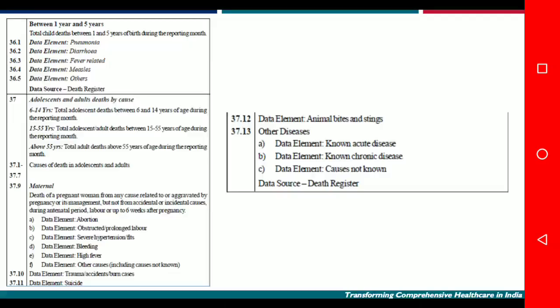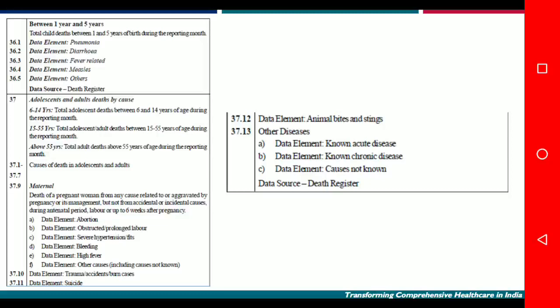Then between 1 year and 5 years, the total child deaths between 1 and 5 years of age during the reporting month, and the causes: pneumonia, diarrhea, fever, measles. These are the minor ailments, and that information is taken from the death register only.